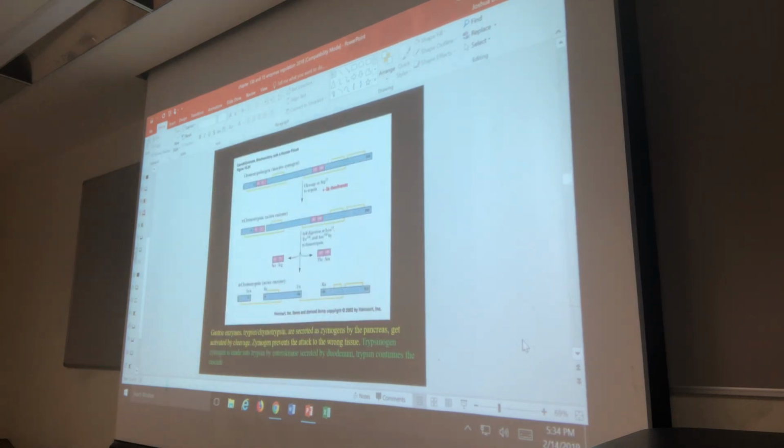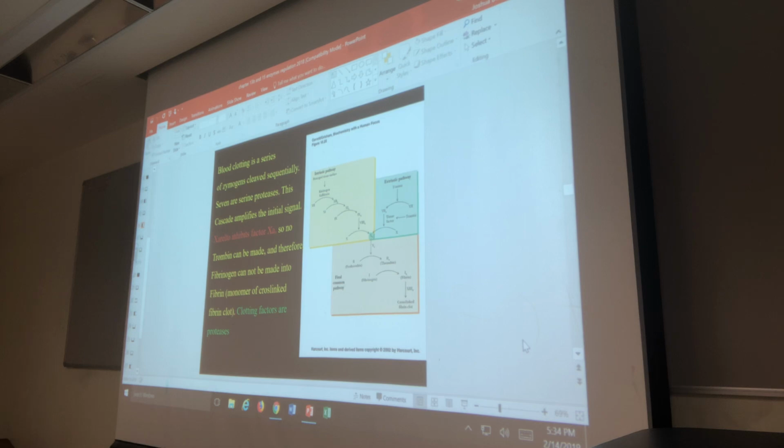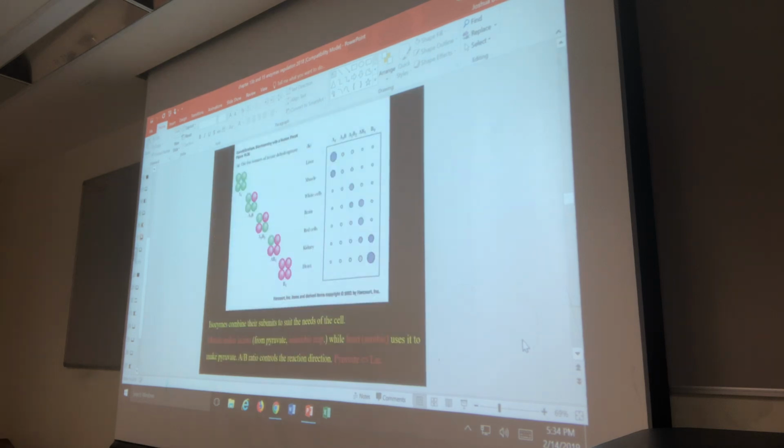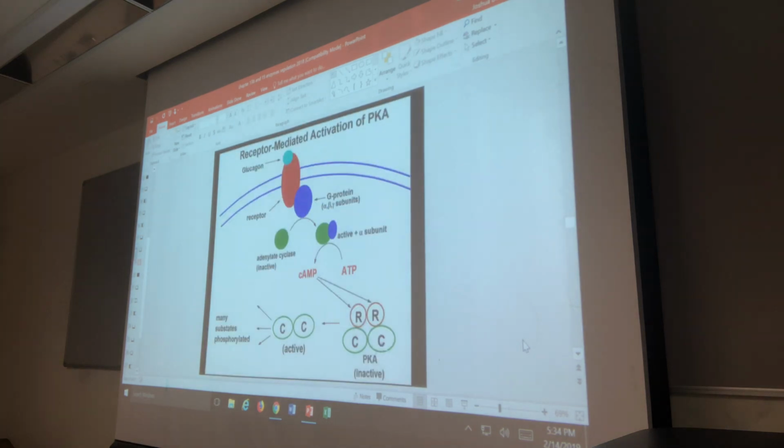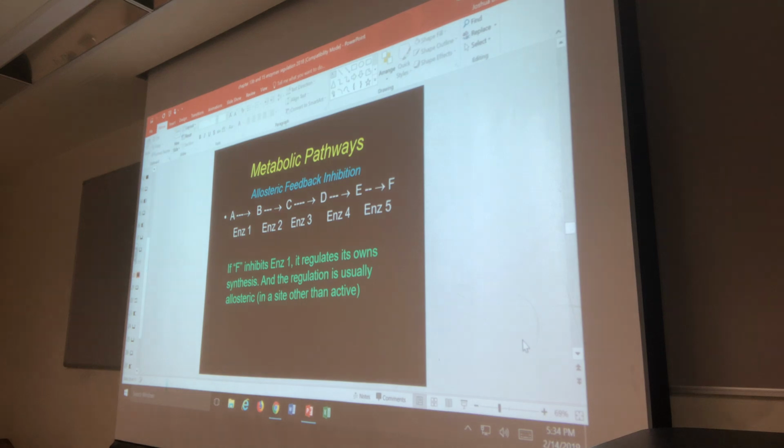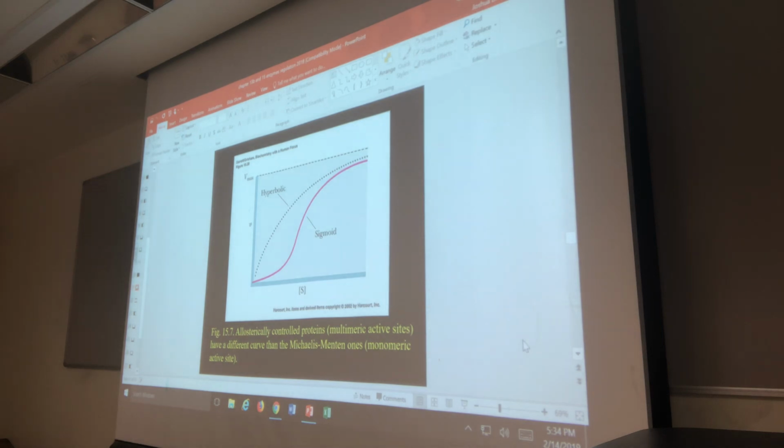Zymogen activation is another one, of which there are 3 examples given in your notes. Isozymes is another way to regulate enzyme activity. Feedback inhibition is as well, and we're going to do some practice with metabolic pathways today. And then we talk about allosteric enzymes.